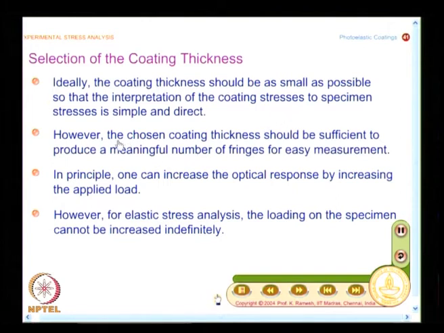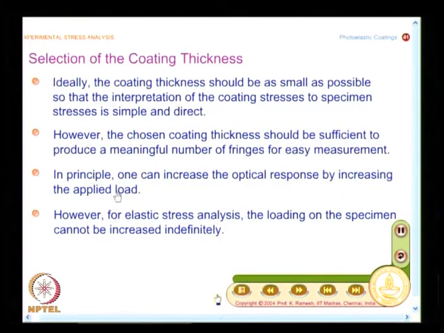And we also want the chosen coating thickness to be sufficient to produce a meaningful number of fringes for easy measurement. We have seen in transmission photoelasticity, by increasing the model thickness, I can increase the number of fringes. The same philosophy also applies here.